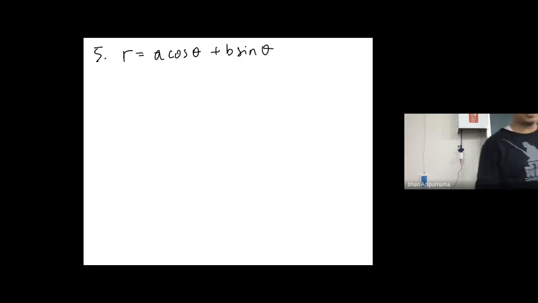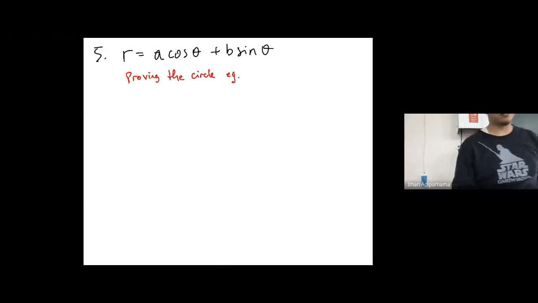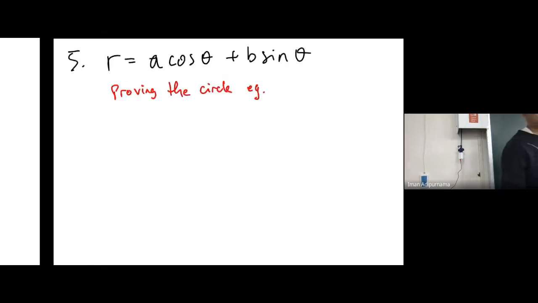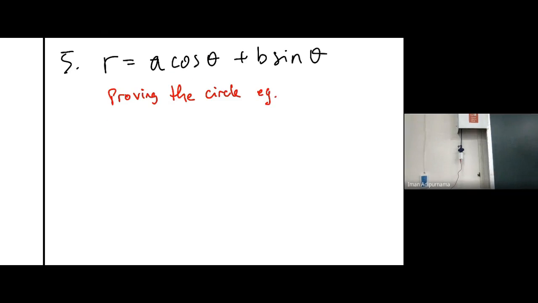Number 5 is you have the polar, and it says to prove the circle equations, right? So you get r, and then you get cosine and sine.